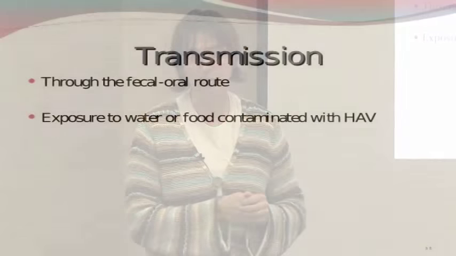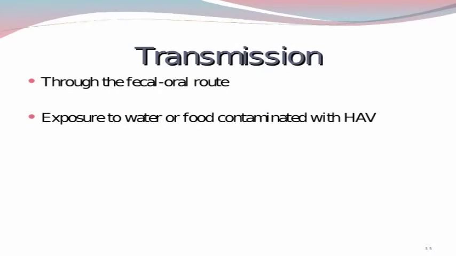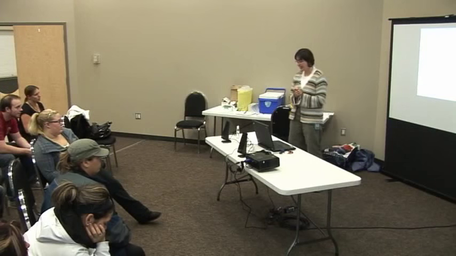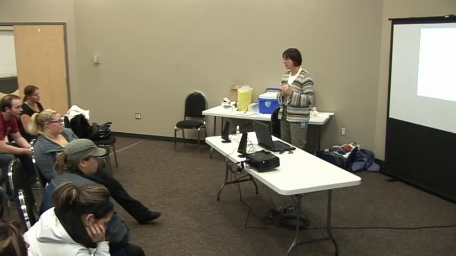The older that you are when you get it, usually the more severe it is. And it's transferred by, a really nice way to think of it, the fecal-oral route, meaning it's transferred from poop to mouth. Okay, so usually it's from exposure to contaminated water or food. It can be occasionally transferred through unprotected sex as well.